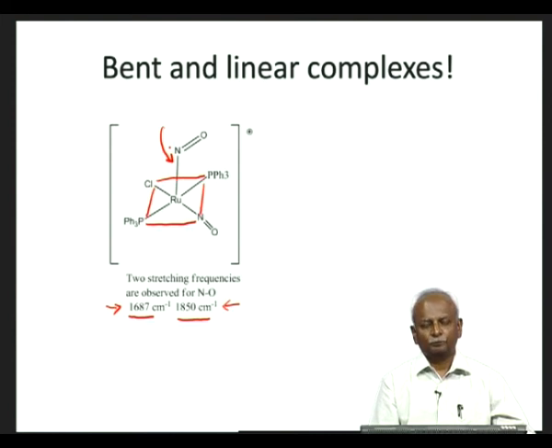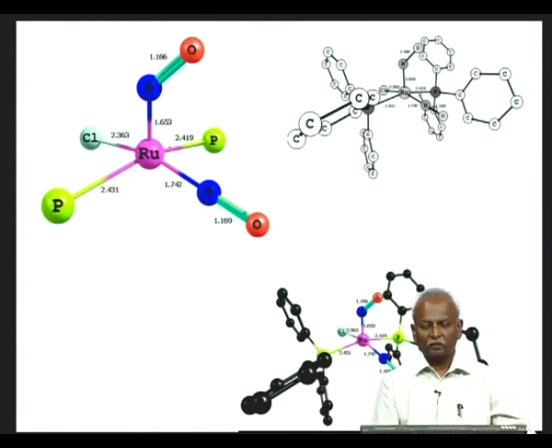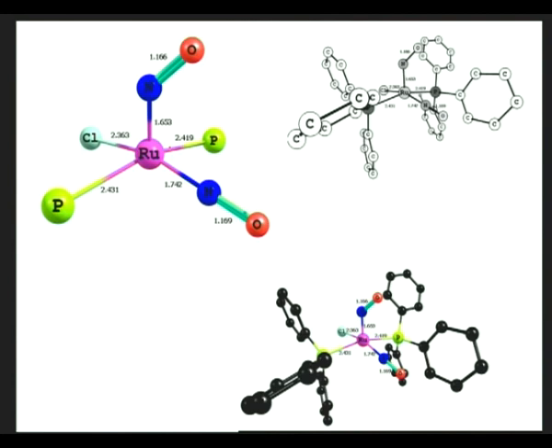So, here are the metrical parameters given for you, and you can see that the metal nitrogen bond distance is around 1.65 angstroms, and you have a bent geometry for this nitric oxide, and you have a longer bond distance for this one.